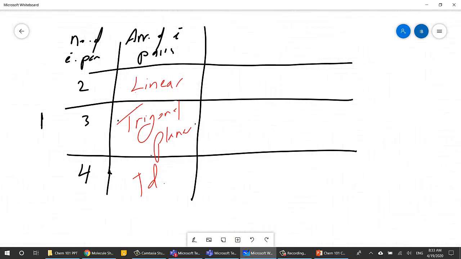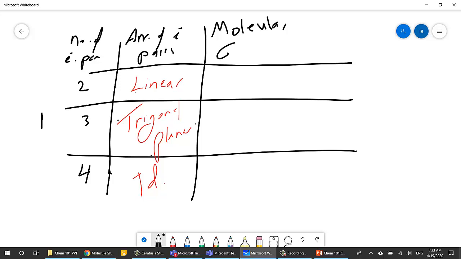Now in the linear, we have something called molecular geometry, or simply we can call it the shape. In the linear, there is only one shape, which is linear.